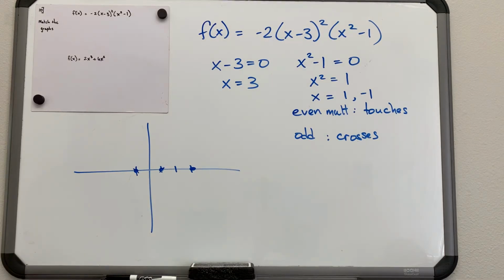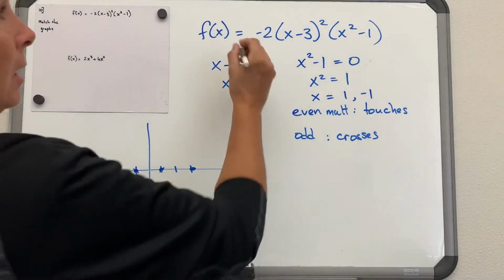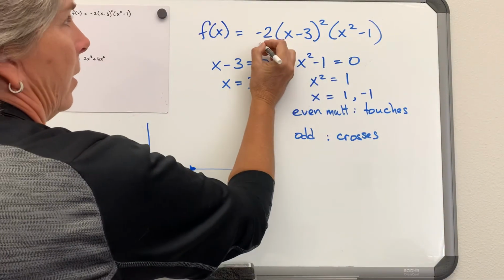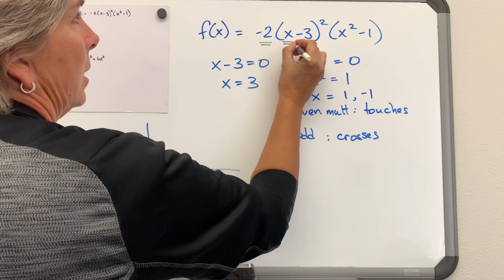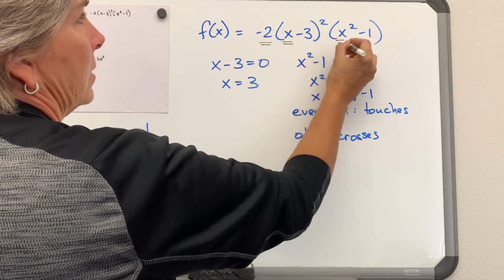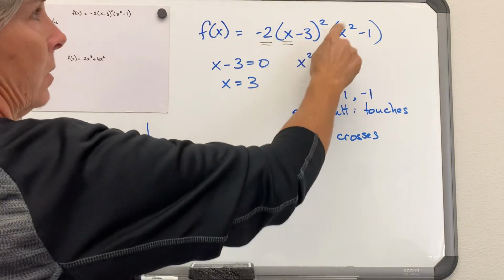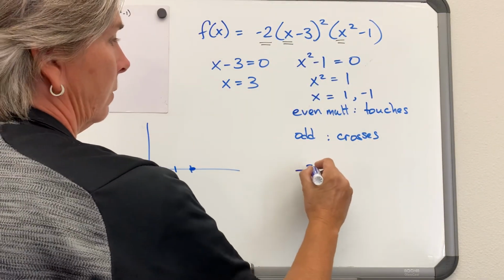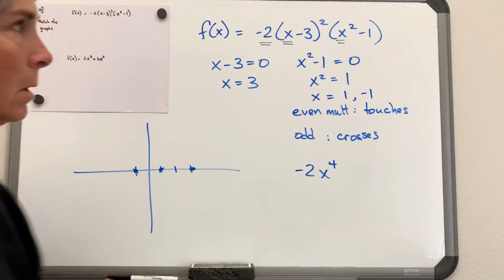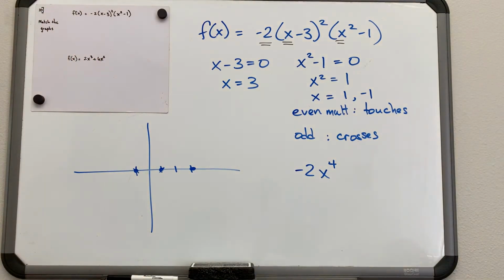So what I need to know now is what that leading term would be. If I multiplied this whole thing out, I would multiply the -2 times the x squared times this x squared. So -2 times x squared would give me -2x to the 4th.